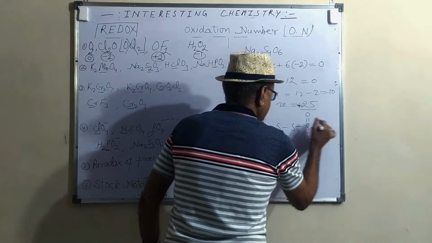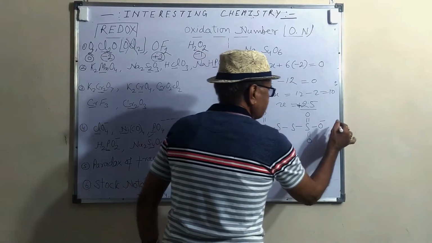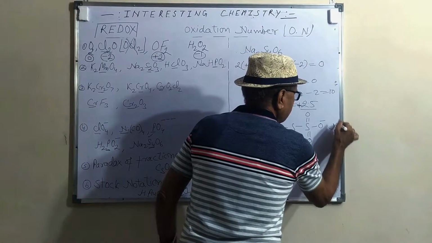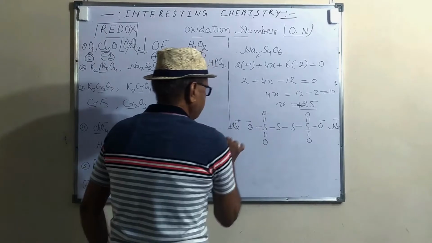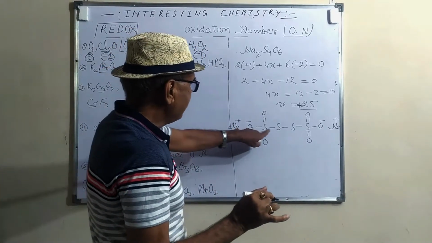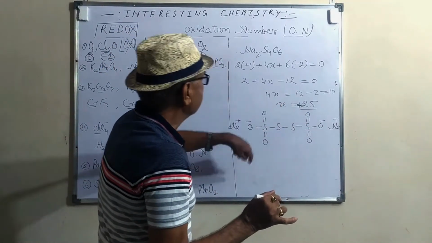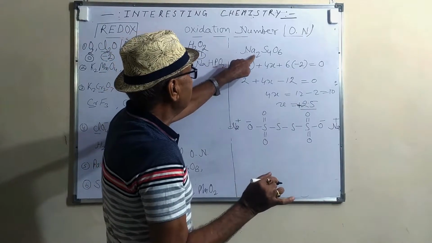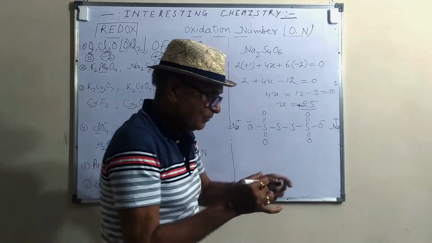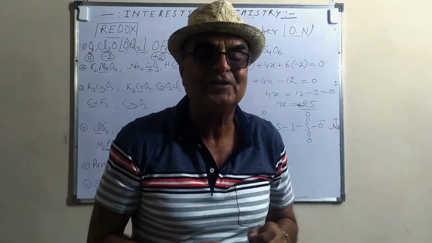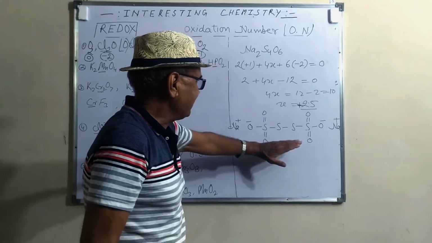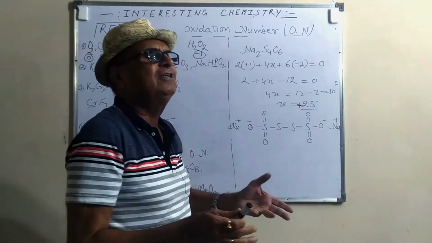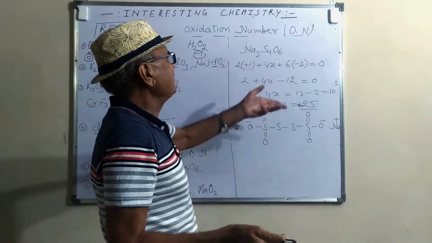You can write a minus here and a minus here, because here it is Na and here it is Na. This is the structure of Na2S4O6. You should write the structure of Na2S4O6. This structure will tell us about the actual oxidation number.